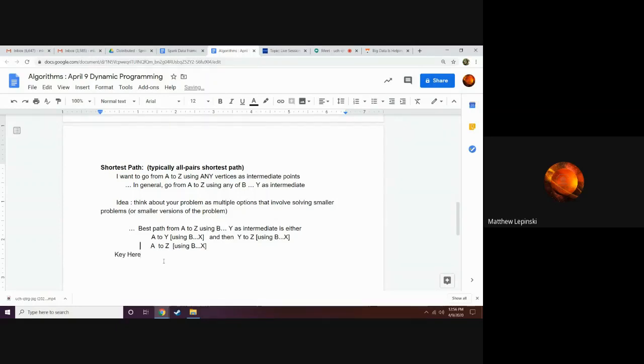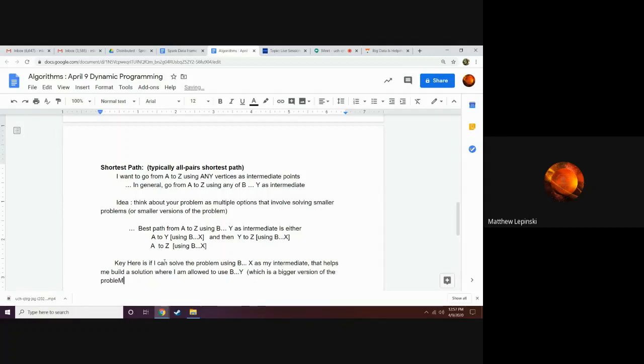The key here is if I can solve the problem using B to X as my intermediate, that helps me build a solution where I'm allowed to use B to Y, which is a bigger version of the problem.